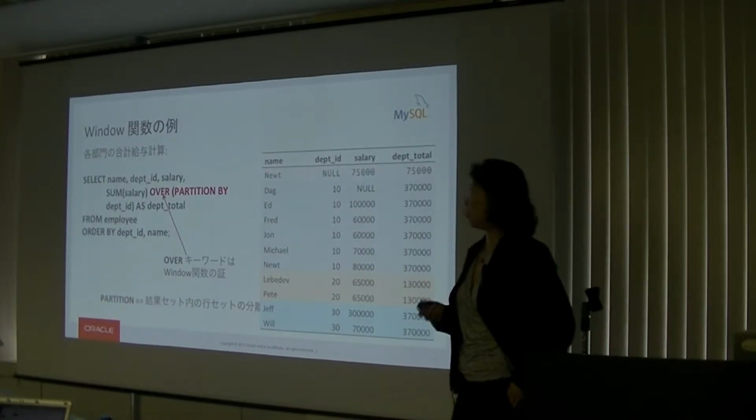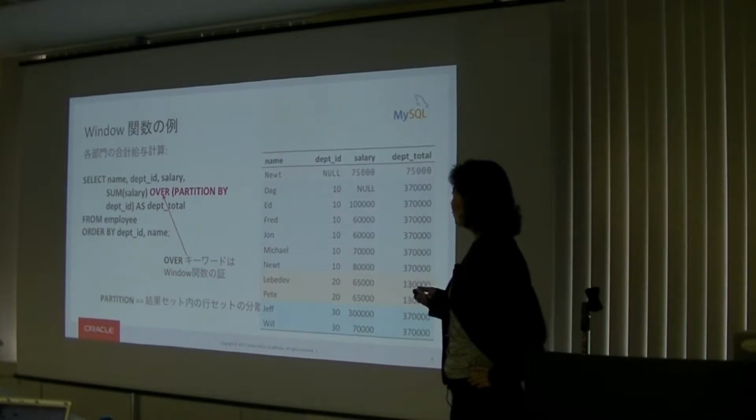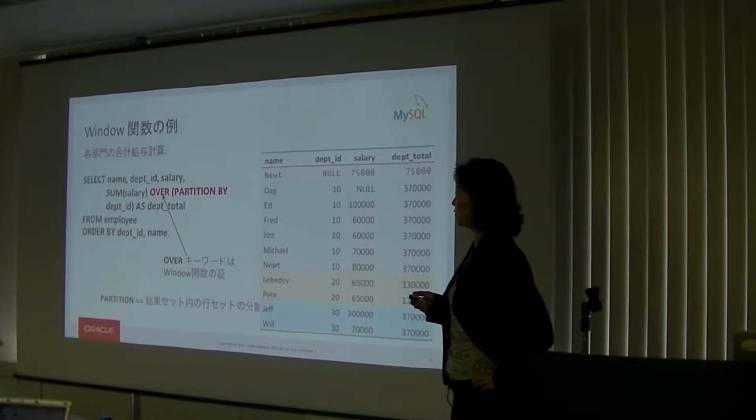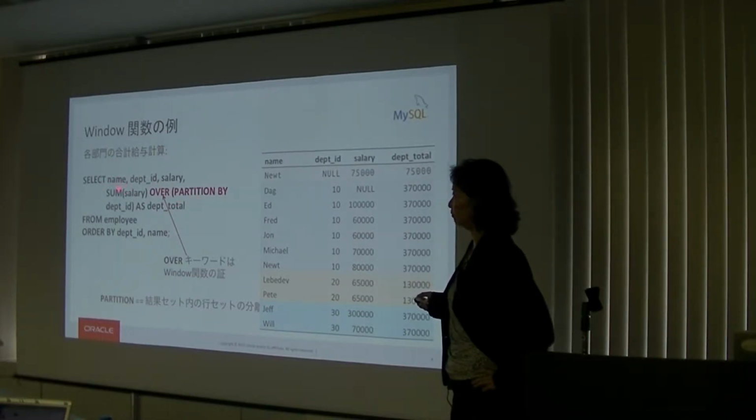Let me give you one example of window functions. Now we have employees in one department, or in multiple departments. For all employees, I want to know the name, department ID, and this person's salary, and the sum of the salary of all the employees in his department.